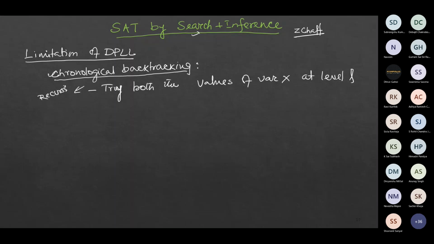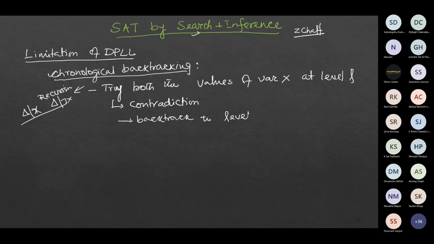Recursion using not of x, and so we condition this on delta not of x as we did earlier, right? Now, if we hit a contradiction, what do we do? We backtrack to level L-1, right? And in this process, what else we do? We undo all the intermediate assignments.